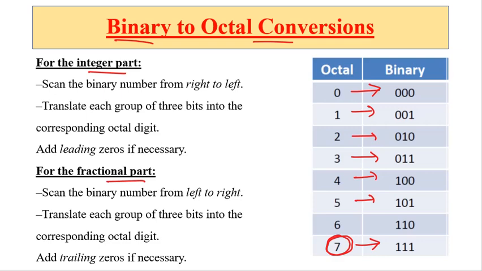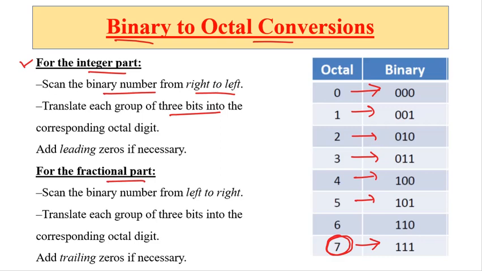First, to convert the integer part, scan the binary number from right to left, that is, starting from the decimal point towards the left-hand side, and partition the binary number into 3 bits each.